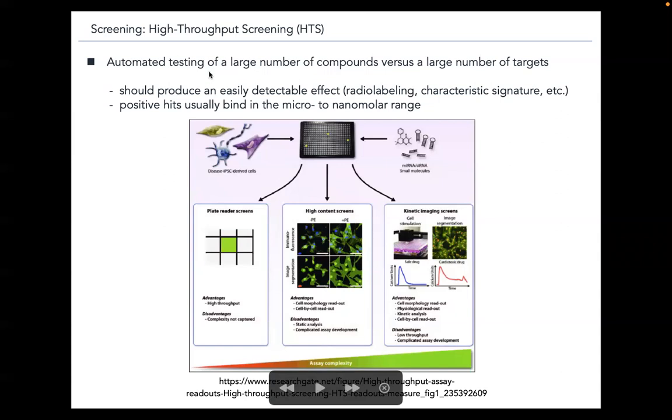So high throughput screening is critical in the development of a drug. This is the automated testing of a large number of compounds versus a large number of targets. You might be asking, okay, so where do they get all these compounds? There are several different locations that keep libraries of compounds, and each pharmaceutical company also keeps their own set, and they can exchange amongst companies too, which I think is really cool.